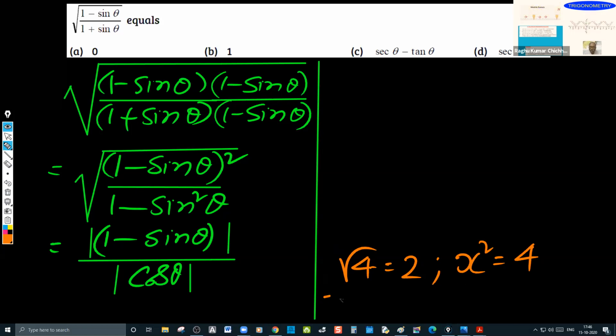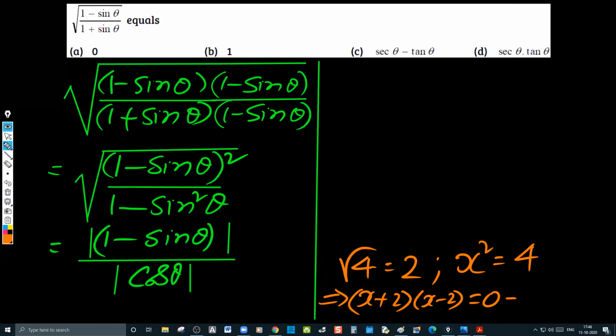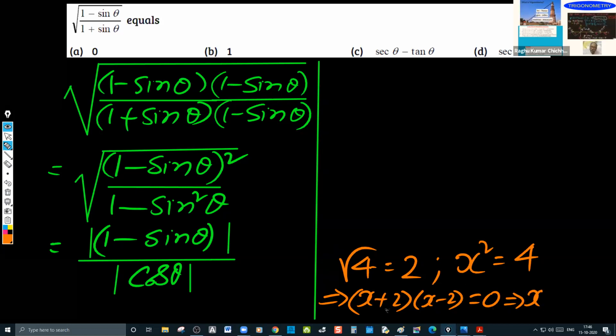But here you have to write, because x square minus 4 is equal to 0 can be written as x plus 2 into x minus 2 equal to 0. Are you there, Maurya? Yes, sir. Then x becomes minus 2 or plus 2. So whenever it is equated to an unknown quantity, that unknown quantity may be positive or negative. 2 square is 4, but minus 2 whole square is also 4, no?